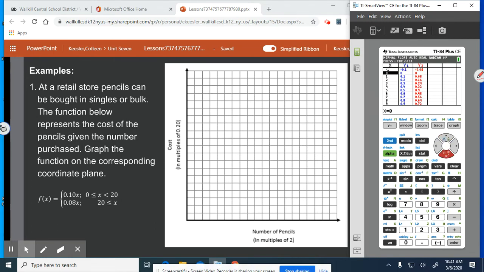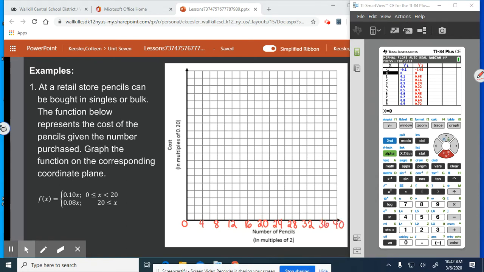And now we have to set up our actual graph on our coordinate plane. So on the bottom, it tells us number of pencils in multiples of 2. So every other is going to be 4, which should get you to 40.